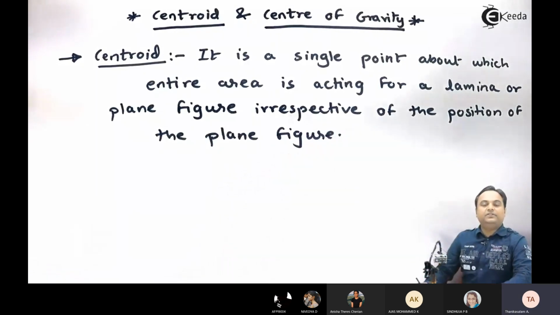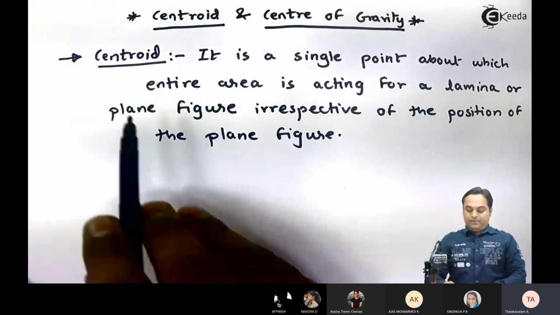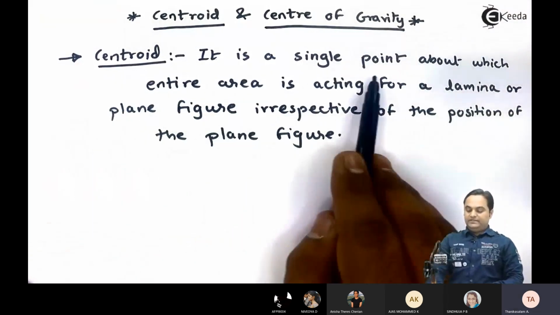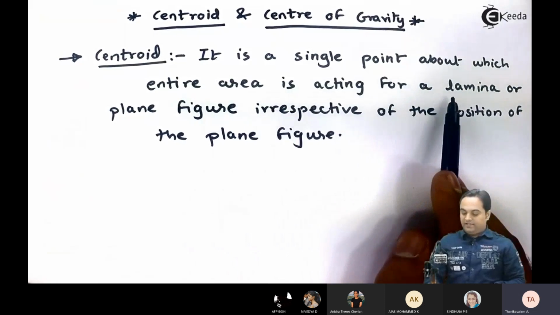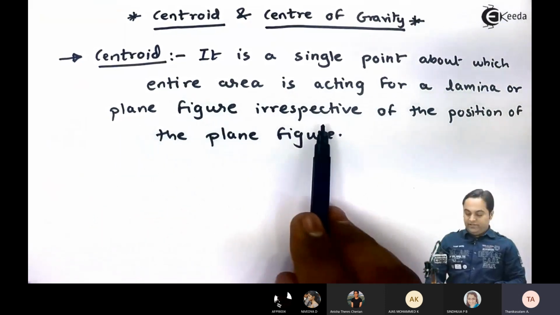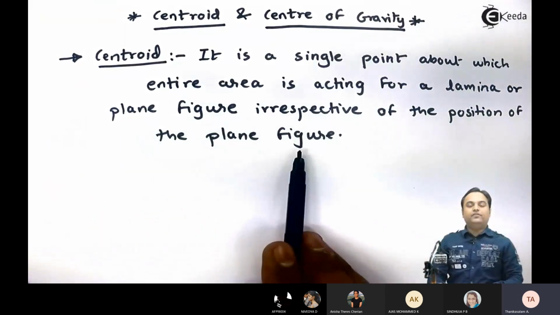So here I have written the definition of centroid. By centroid we mean that it is a single point about which the entire area is acting for a lamina or plane figure irrespective of the position of plane.